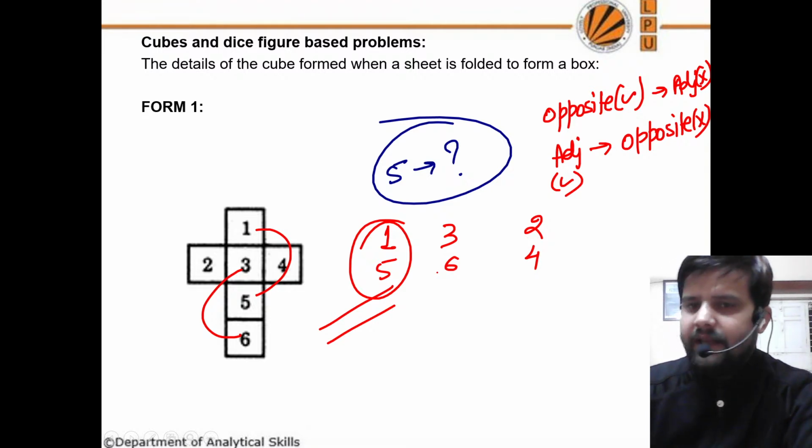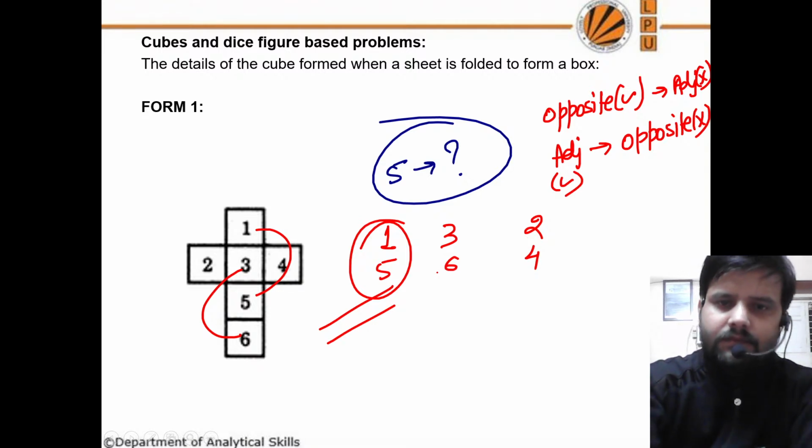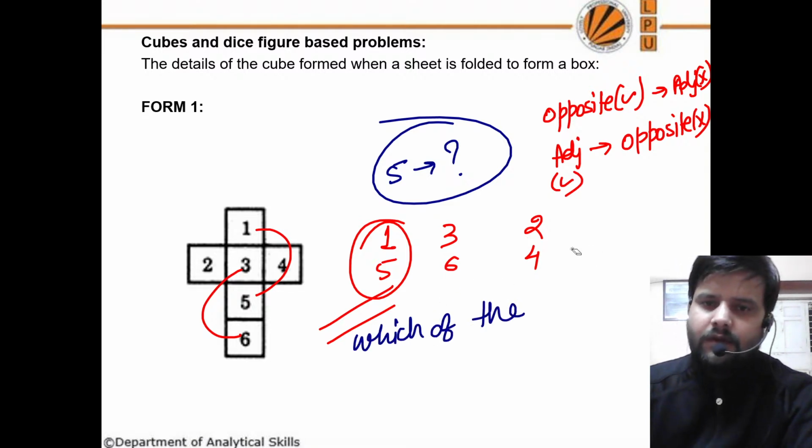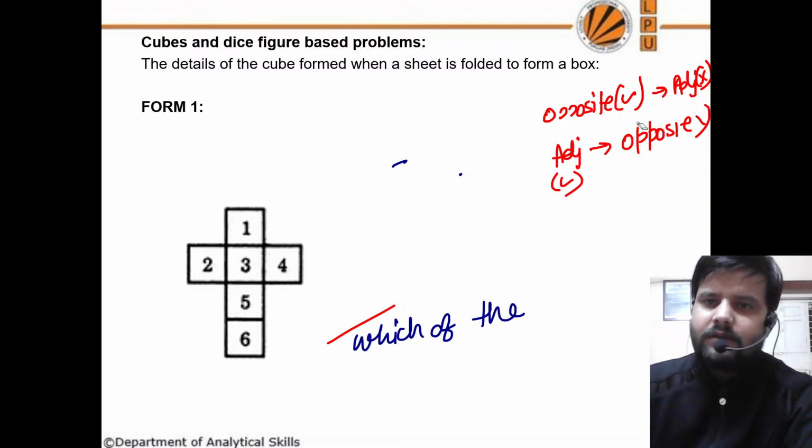See here, the same thing can be asked in another manner also. Erasing everything in this, then I'll ask you a question.